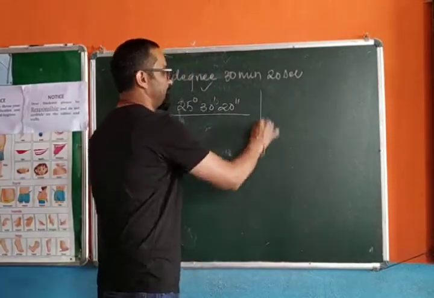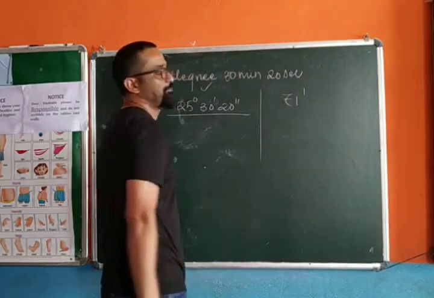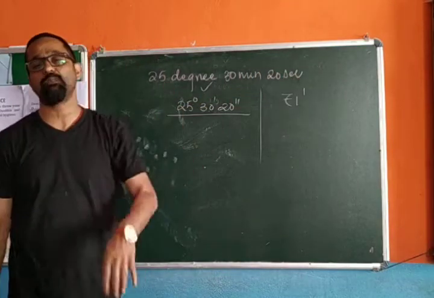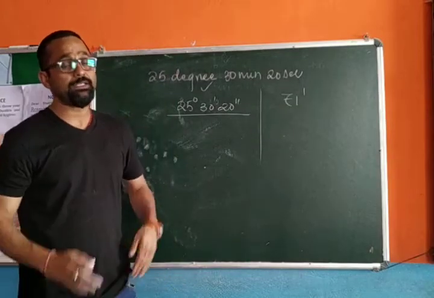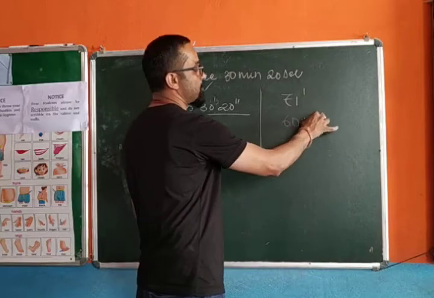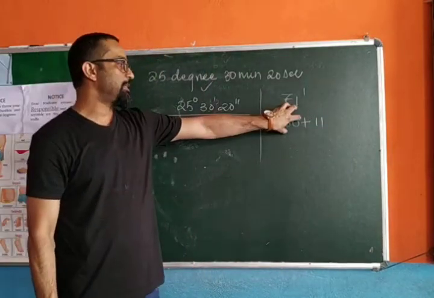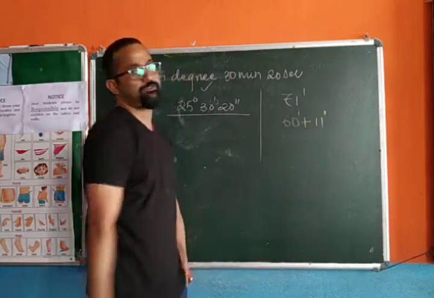Suppose I have 71 minutes and I am asked to convert this into degree and minute. This 71 can be split and written as 60 plus 11. 60 minutes and 11 minutes.